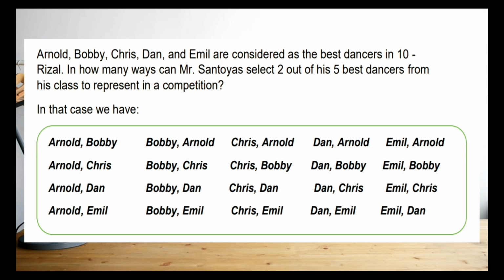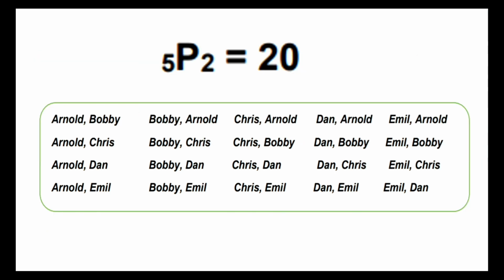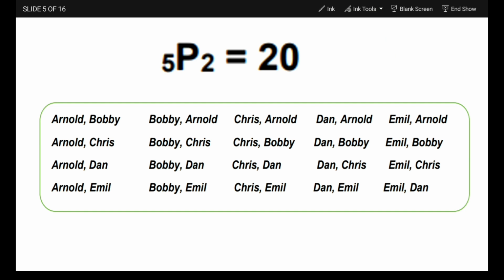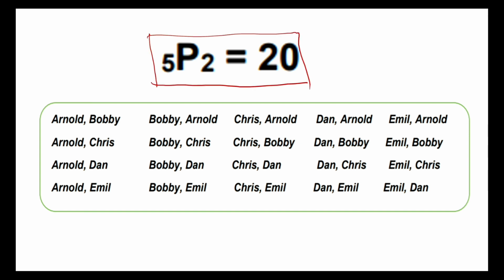In particular, they are called the permutation of 5 objects taken 2 at a time. 5 taken 2 at a time. And the number of such permutation possible is denoted by 5p2, which is equal to 20.